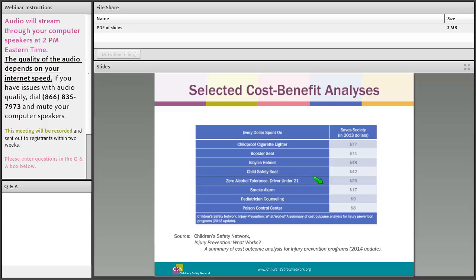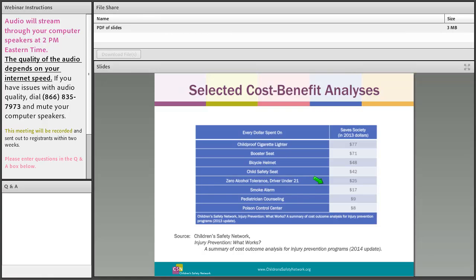So you might want to consider the costs and benefits of a program. Often decision makers listen to the costs. And the CSN Data Center has analyzed about 168 different interventions. This is really just a sample. We have a document that I'll give you the link to in just a minute, but this is a select sample of probably the more common interventions, and we've analyzed the costs and the benefits.